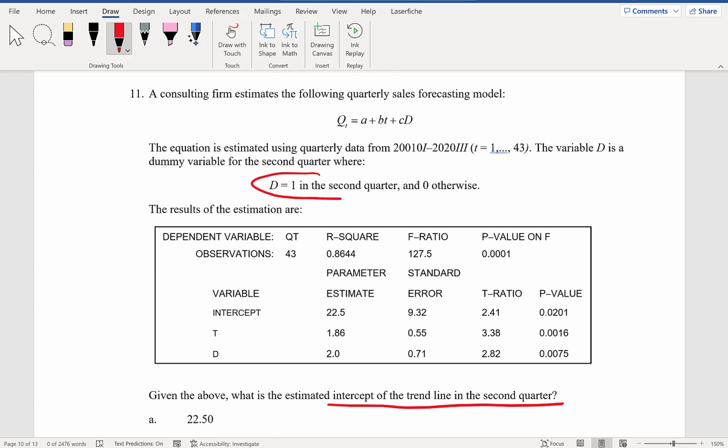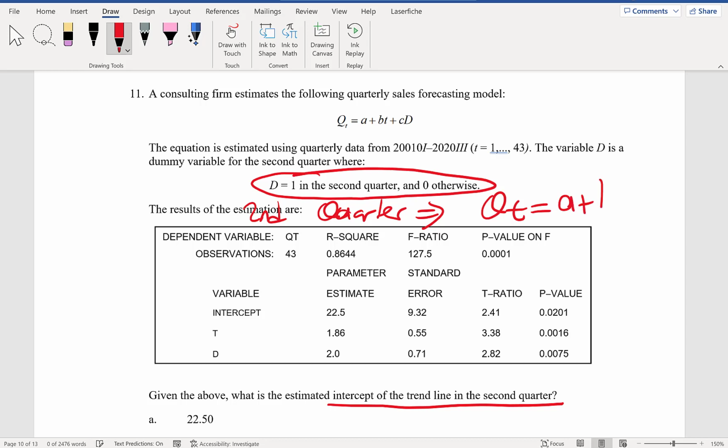D takes on a value 1 for the second quarter, so your model becomes QT equals A plus BT, and since D takes on a value 1, plus C. So A plus C will become your intercept.